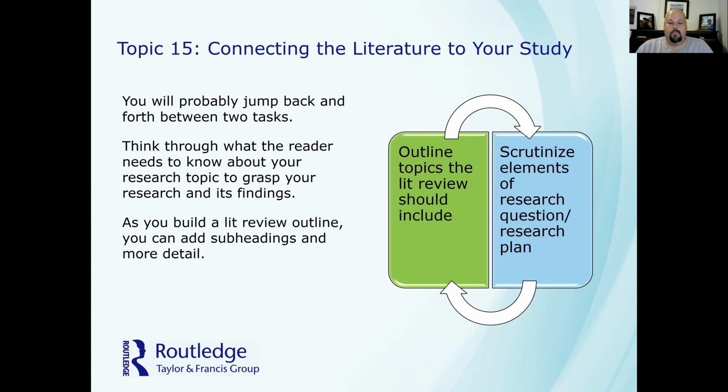Then from the scrutinizing, you outline again, and you'll probably jump back and forth between these. You're going to think through what the reader needs to know about your research topic in order to fully grasp the research and its findings. If you're saying, this is my logic, this is what I think we should study and how we should study it, then you're providing that logic as part of your literature review.